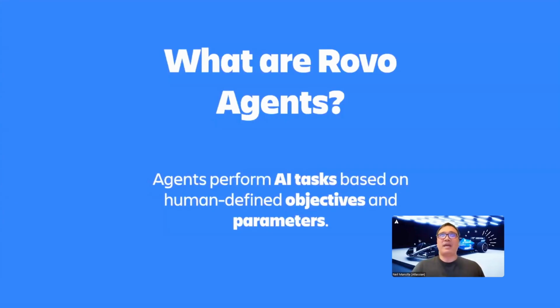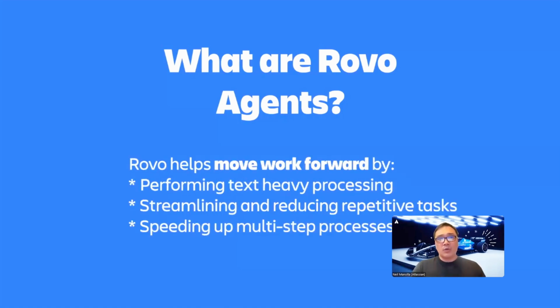So what are Rovo agents? You can think of them as customizations of Rovo's AI capabilities that are designed to perform specific types of tasks. The goal is to help users move work forward by utilizing Rovo's natural language capabilities. Rovo agents are useful for many kinds of text-heavy processing where there's some kind of pattern to the work that needs to be performed.